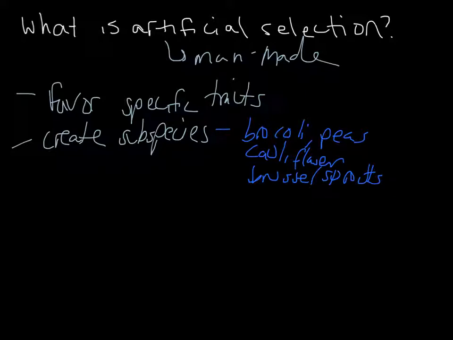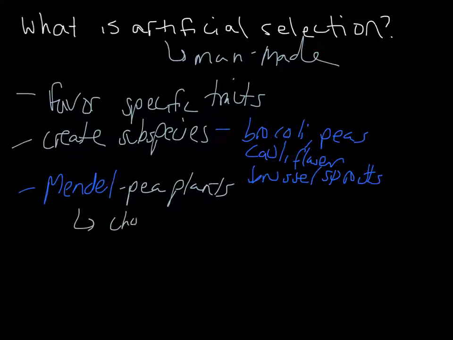Artificial selection: who did it, and what did it have to deal with? You might want to think back to a guy named Mendel. Mendel was the guy who came up with everything with the pea plants. But he first started his work in artificial selection, which had a lot to do with the choosing of the mates and the forcing of them to exist together.